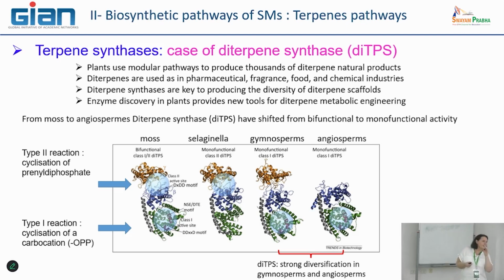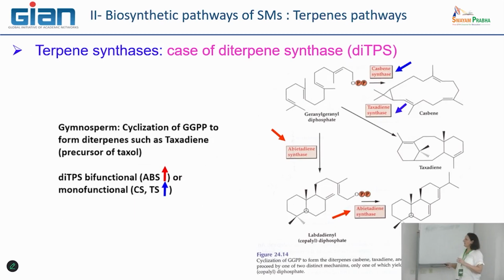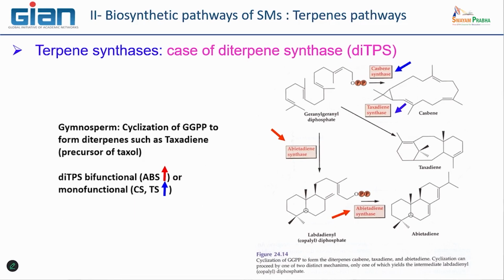It is really interesting to see this evolution because it clearly reorients some metabolic pathways, for example. Here are two examples of the two activities. When you have a bifunctional enzyme, it is seen here with a red arrow.